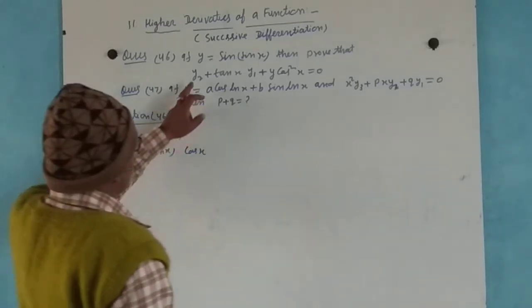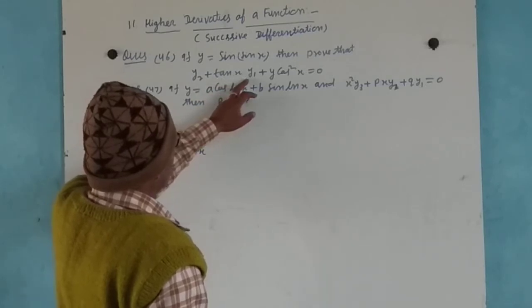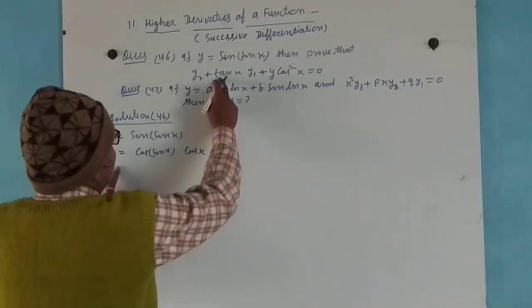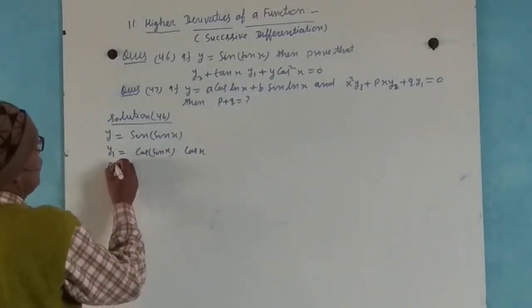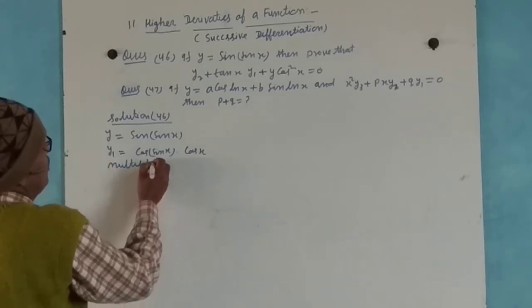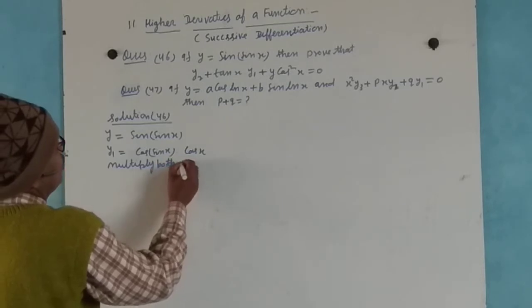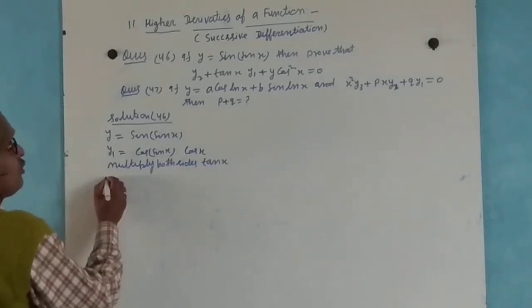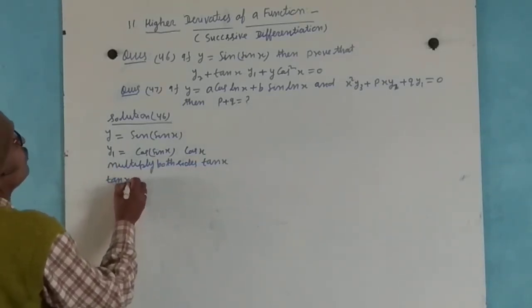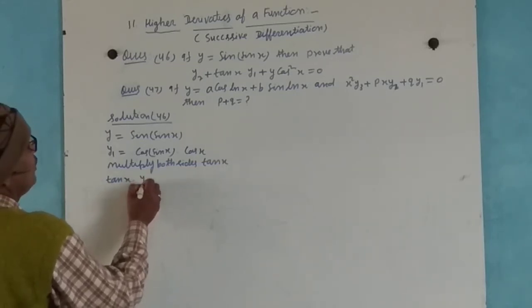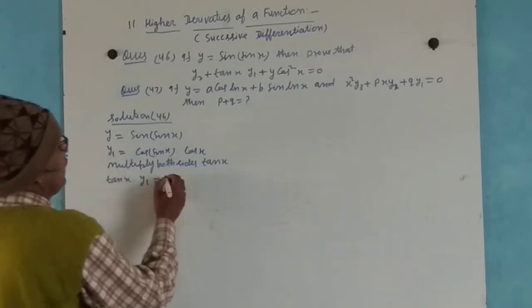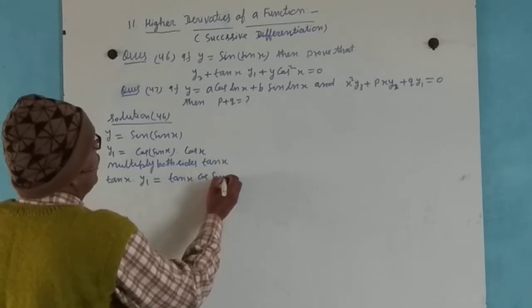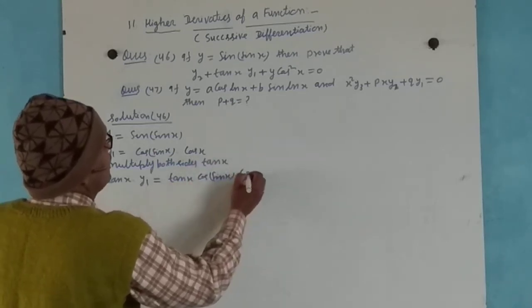Now here we have y2 plus tan x y1. Multiplying both sides by tan x, tan x y1 equals tan x into cos of sin x into cos x.